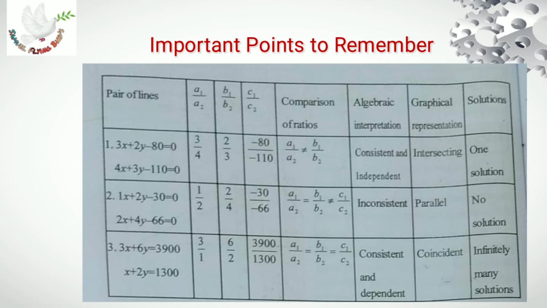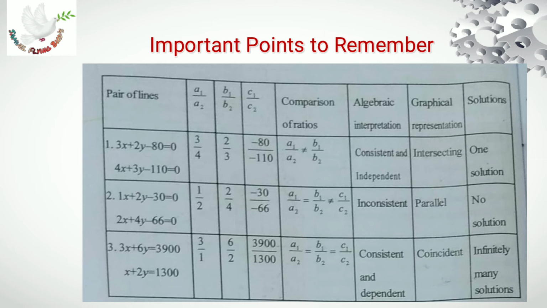Coming to the second one: 1x plus 2y minus 30 equal to 0 and 2x plus 4y minus 66 equal to 0. Again we compare a1 by a2, b1 by b2 and c1 by c2. We write it as 1 by 2, 2 by 4, and minus 30 by minus 66.